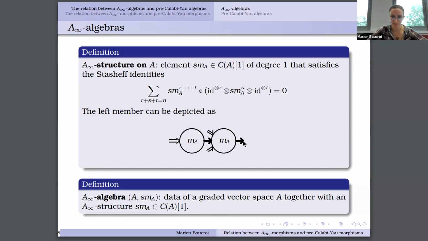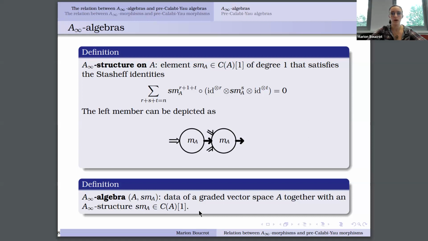We have here an element S of the shifted Hochschild cochains that will take some identity maps here, the output of another map on the space of Hochschild cochains, and then other identity maps. So we ask this to have an infinity structure, and obviously an infinity algebra is just the data of a graded vector space together with an infinity structure.